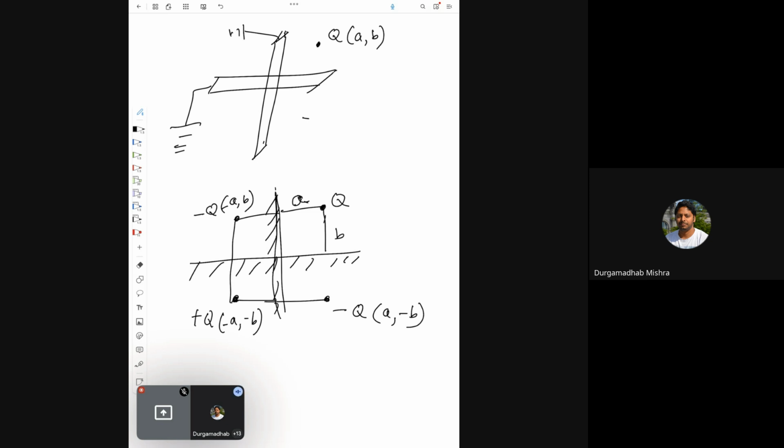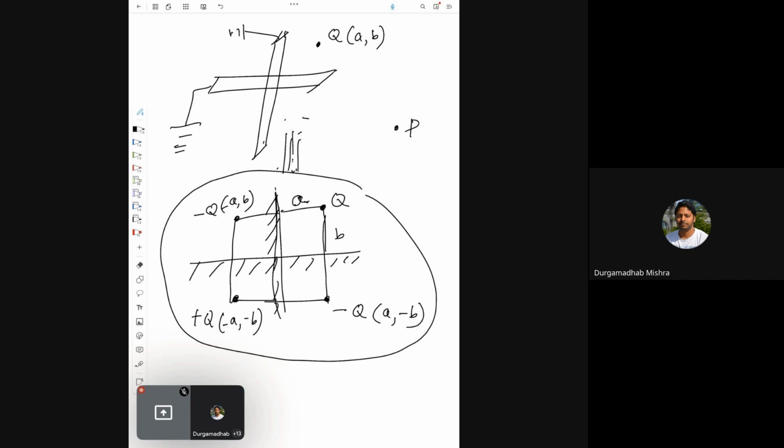So now this problem is exactly equivalent. There is no difference between these two problems actually. If you find the potential at this point P due to this charge distribution, these four charges, minus q, plus q, minus q, plus q, you will be able to write down the potential at point P. This is very easy. Why? Because you will write this as q by 4 pi epsilon naught, then you see what is R1, R2, R3, R4.